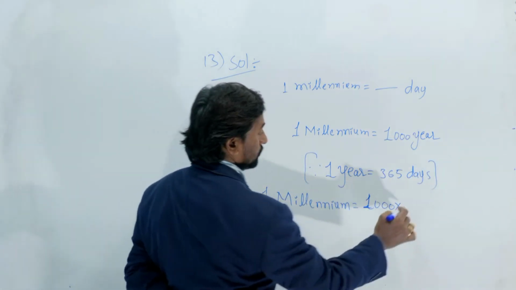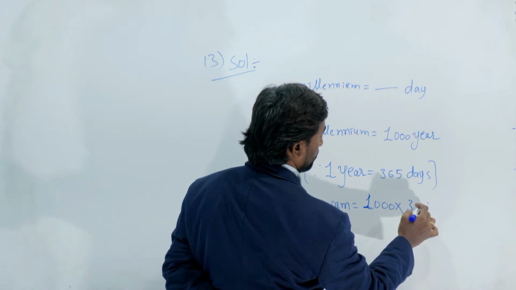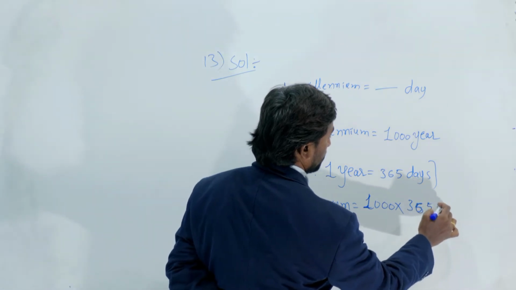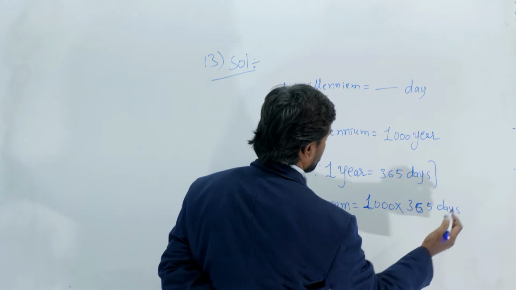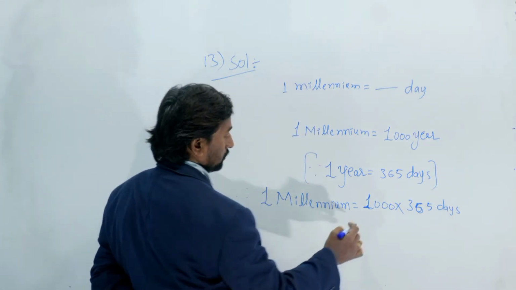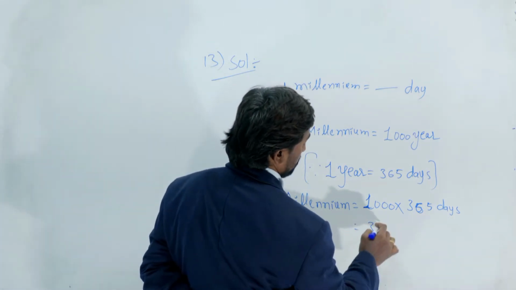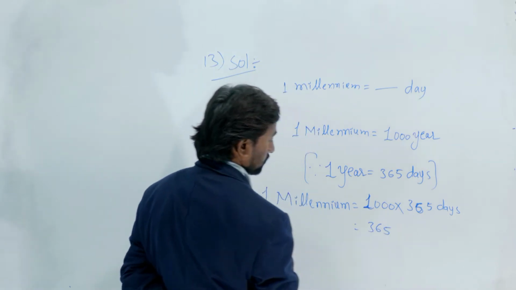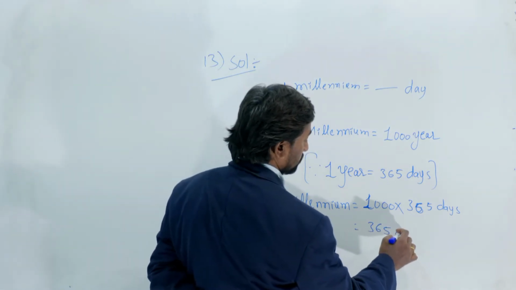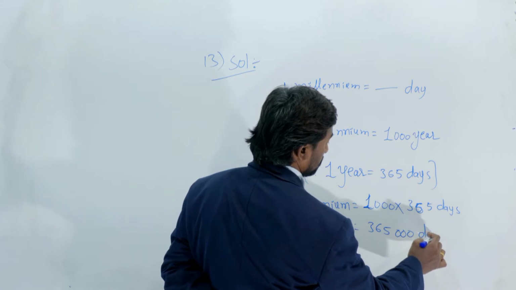In the place of year we should write 365 days. So this will be multiplied, and 365 times 1000 means 3,65,000 days.